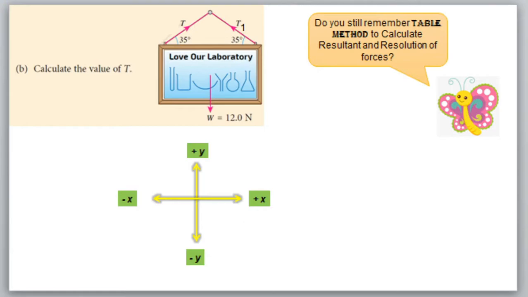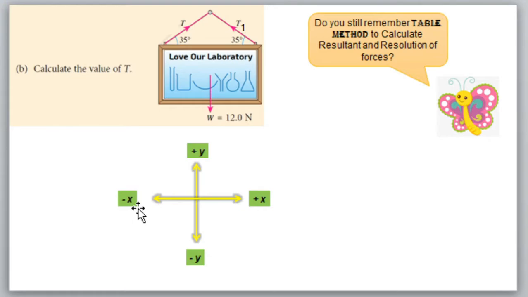Question B, calculate the value of T, which is the tension of the string. To solve this problem, to find the value of T, we apply the table method to calculate resultant and resolution of forces. So we have all the components of direction here: positive y, negative y, positive x and negative x.